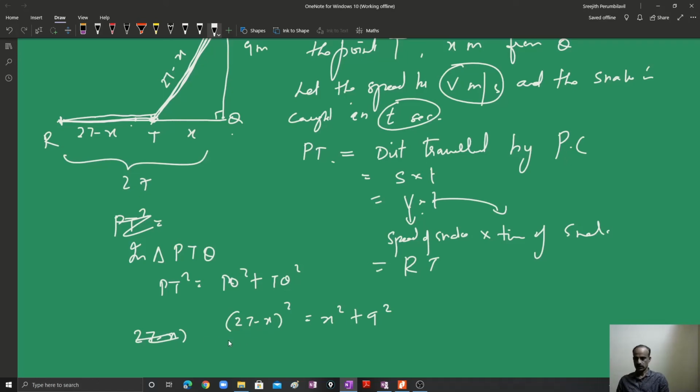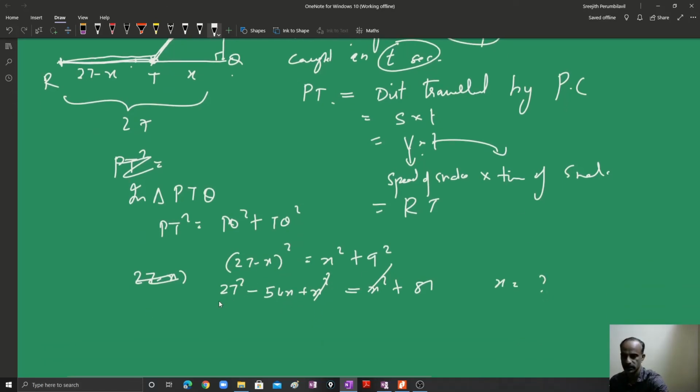So this is equal to 27 square minus 54x plus x square is equal to x square plus 81. X square cancels. From this you solve for x. It's a linear equation. Solve for x. 27 square is 729, you bring it here and solve it.